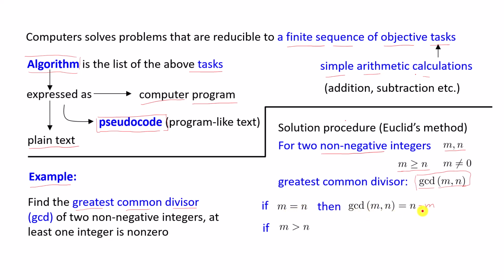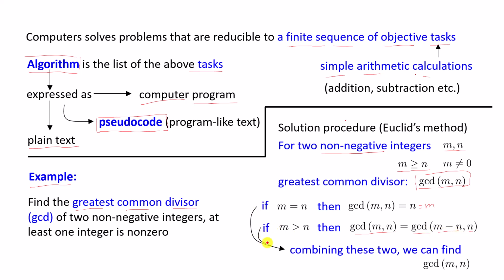So m equals n is fine, but if m is greater than n, then what Euclid suggested is that this GCD of m and n should be equal to GCD of m minus n and n.